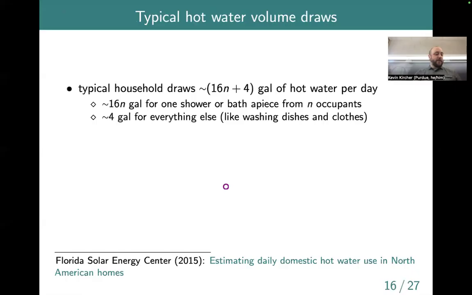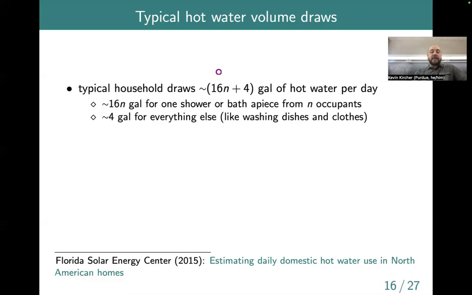Okay, so the homework involves simulating a domestic water heater and its behavior. I want to run through really quickly how we might get an estimate of the energy that people use for water heating in homes. The main use of domestic hot water in residential settings is baths and showers. Of course, there's also dishwashing and hand washing, but it ends up being much less.